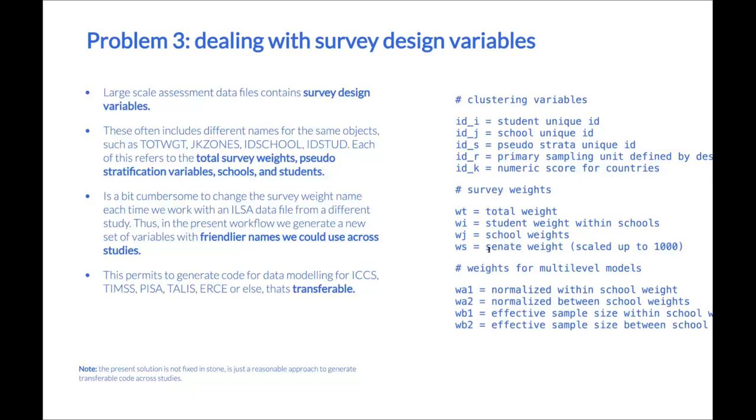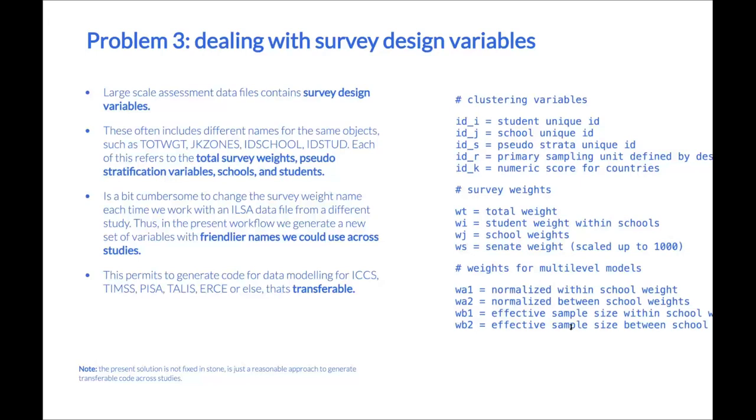And finally, here is the generation of the scale weights for multi-level models that can include the survey weights within their estimations. The most common versions of these scale weights are the normalized within school weights and the effective sample size within school weights.